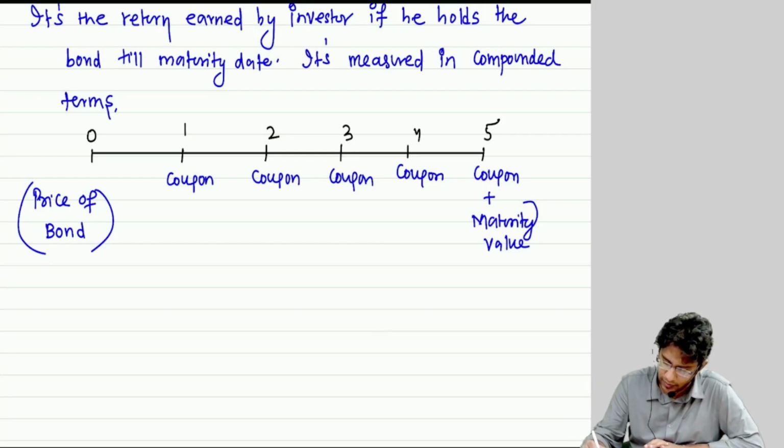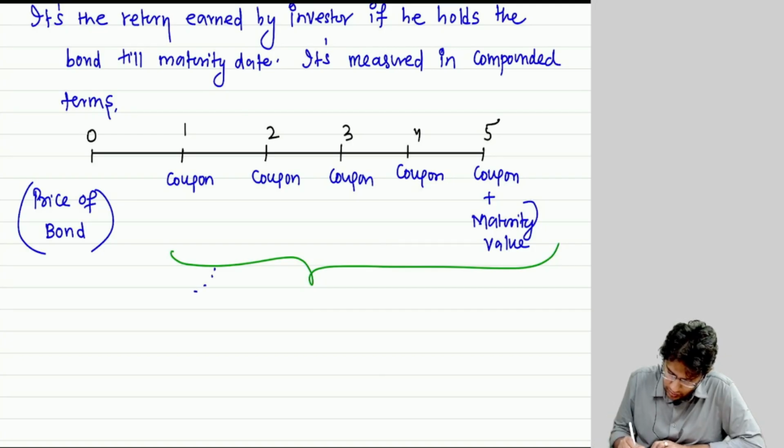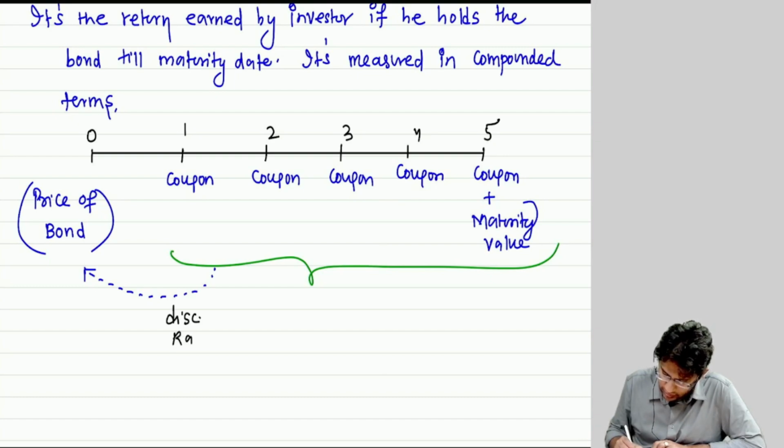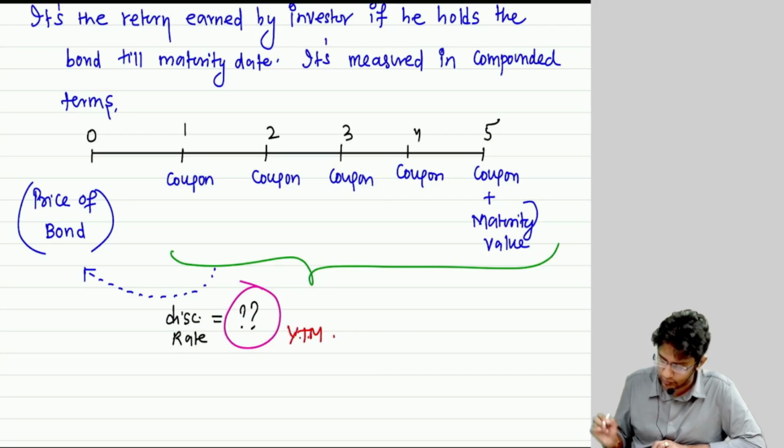So your job here is to work out the discounting rate at which this present value will be equal to the price of the bond. That discounting rate, if you identify, we call it yield to maturity.